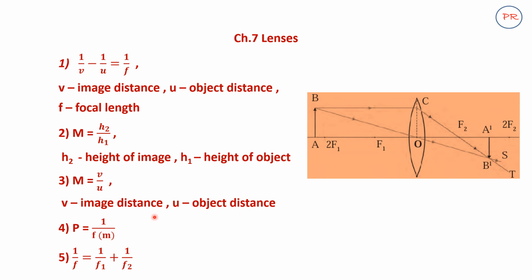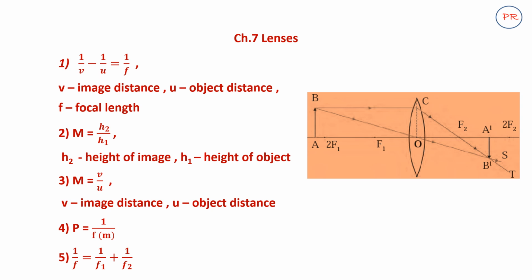Now if I want to find the power of a lens, it is given by P = 1/f, where focal length is expressed in meters. If we combine two lenses, the formula for the focal length is 1/F = 1/F1 + 1/F2.